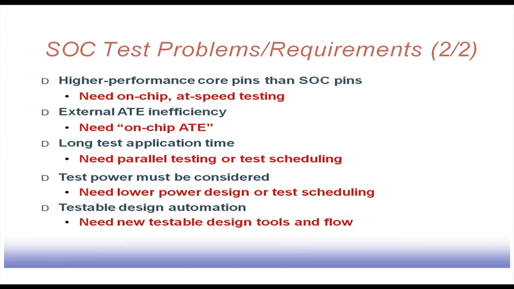So, there must be some mechanism by which I can use this low speed, or in that sense inefficient, ATE to do the testing of these high frequency chips, or in some sense we can say we need some sort of on-chip ATE. So, that is a very desirable situation, but it is very difficult to have. So, on-chip ATE is difficult. At most we can have some sort of BIST mechanism by which we can do a built-in self test of the individual core. So, that possibility remains, but otherwise it is difficult.